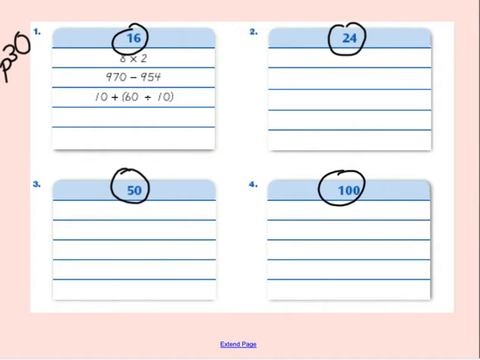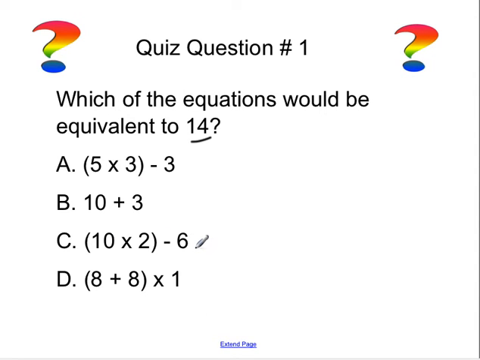But I do want to find out how well you are understanding equivalent names for different numbers. So the quiz question number 1, you have to think about which of the equations would be an equivalent for 14. So you have to look at your choices and decide which one of those would be accurate.